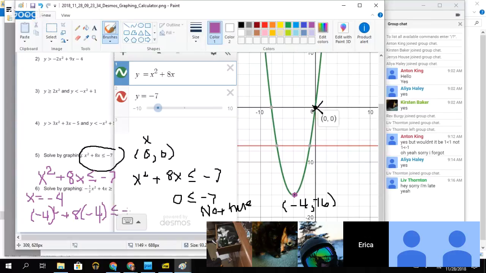Is that less than or equal to negative 7? So it's 16 plus negative 32 is less than or equal to negative 7. And if I add those two together, what do I get here? Negative 16 is less than negative 7. So this point down here is true.